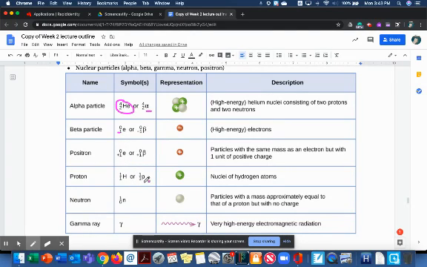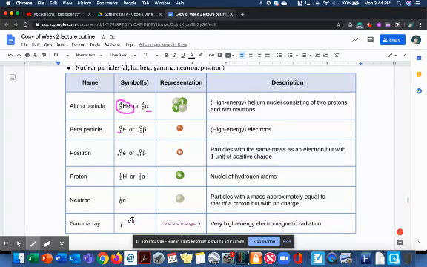A proton, you will see it either as a hydrogen element symbol with the mass number and atomic number of both 1, or the lowercase p for proton, again, mass number and atomic number. A neutron, there's the symbol, lowercase n, mass number 1, atomic number 0.